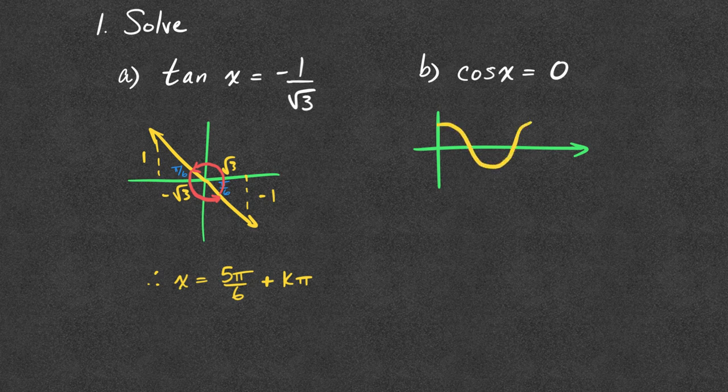Okay, so when do I hit a value of 0? Well, I notice that I hit a value of 0 at those two blue locations. My cos curve starts at the top and falls, and I hit my 0 at pi by 2, and I hit my 0 coming back up again at 3 pi by 2.